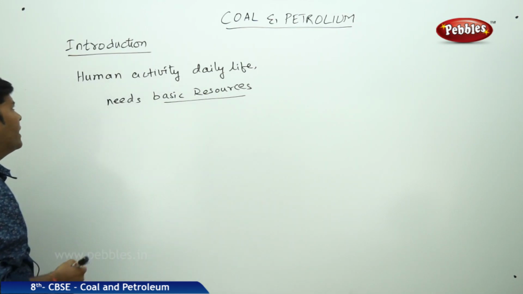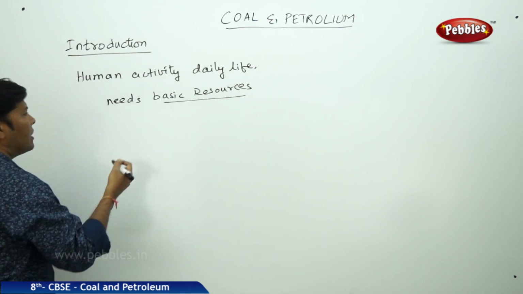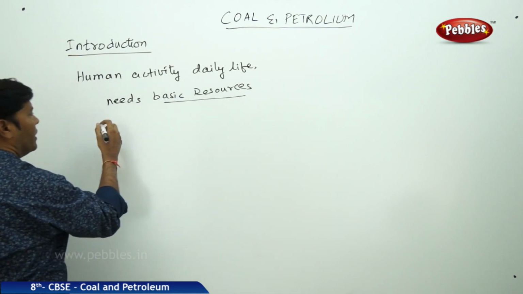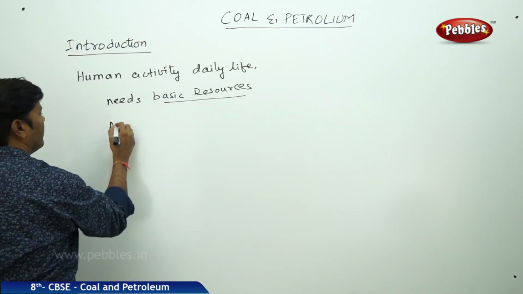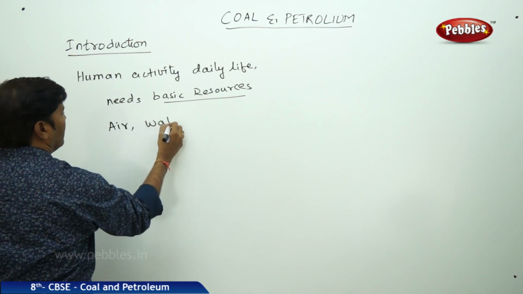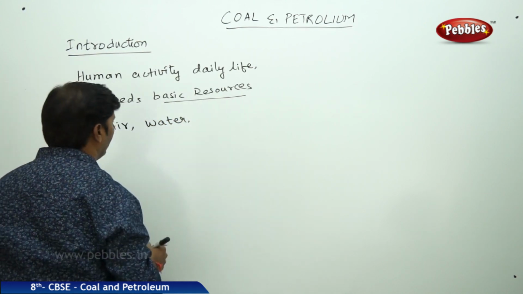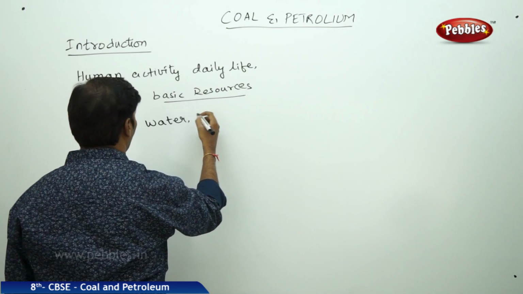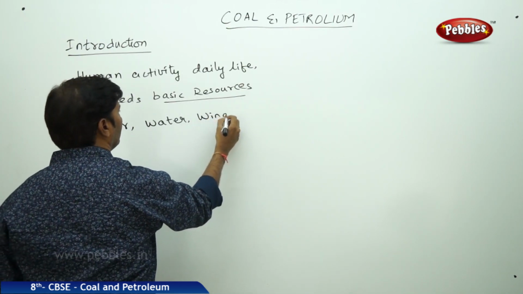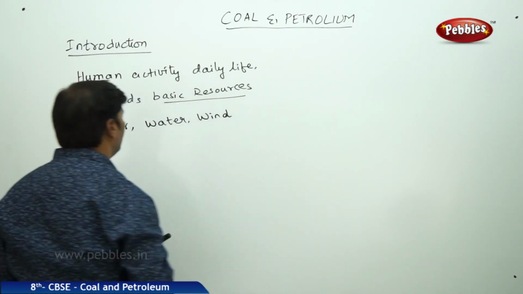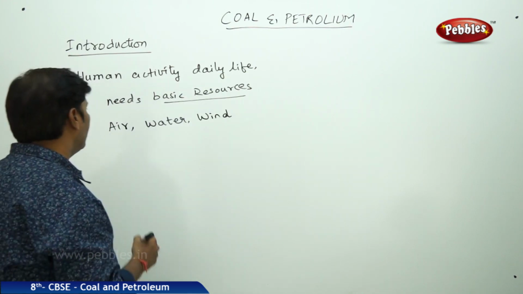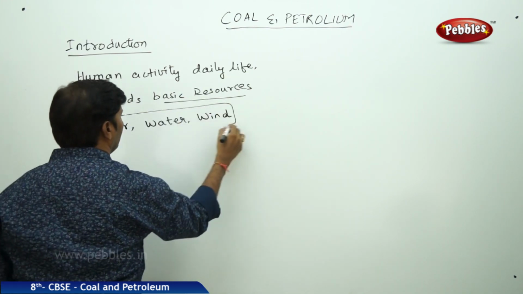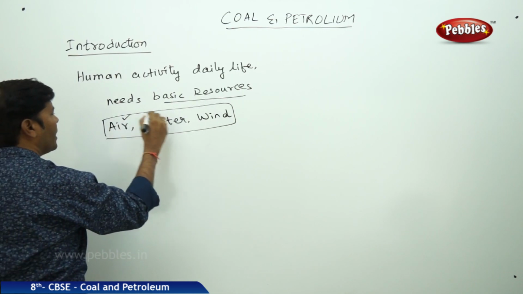To carry out our daily activities, we need certain resources like air, water, then wind. If I say air, water and wind, these are the basic amenities actually.